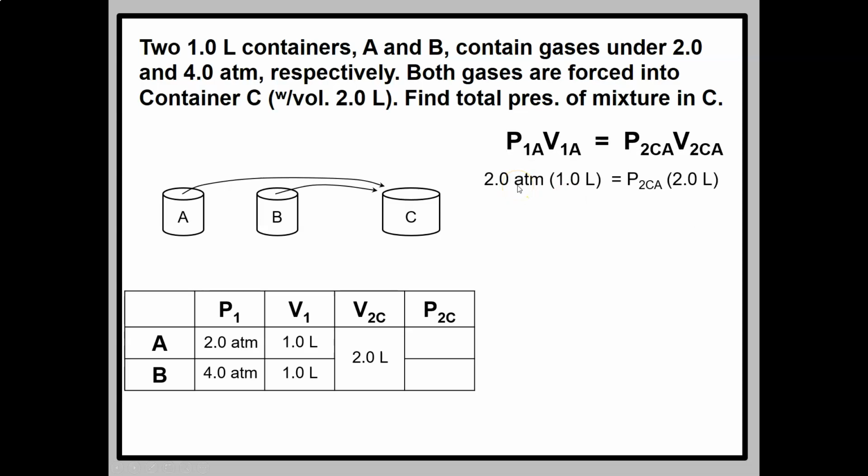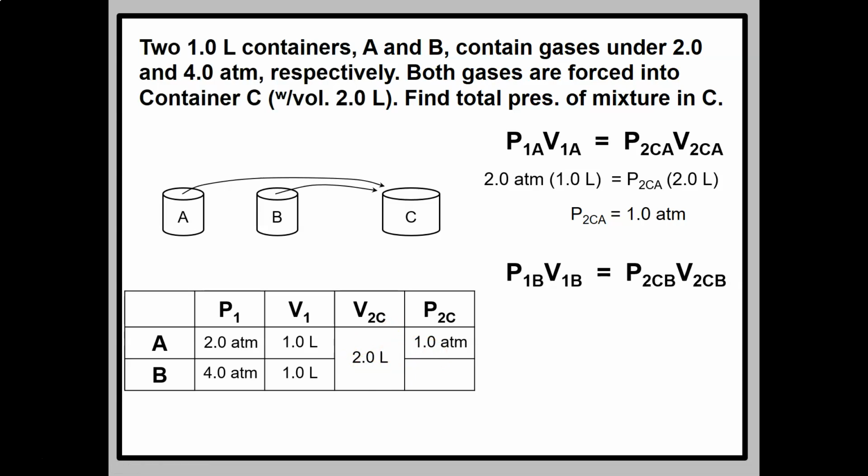Oh, too many subscripts, okay? Compare it to your chart. We have P1 V1 equals P2 V2, okay? The partial pressure from gas A in the new setup in the bigger volume container is 1. And that makes sense, right?